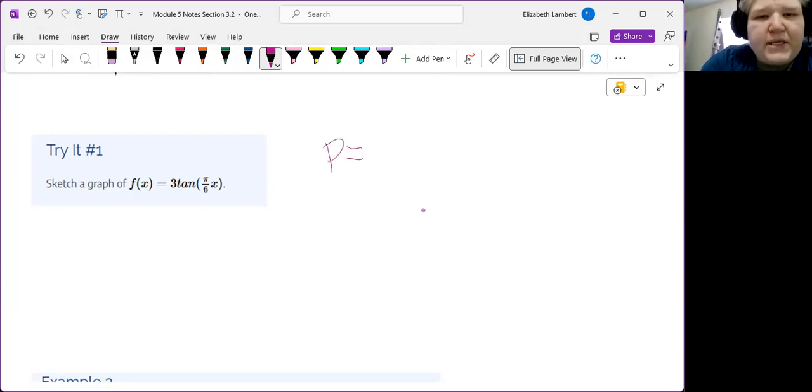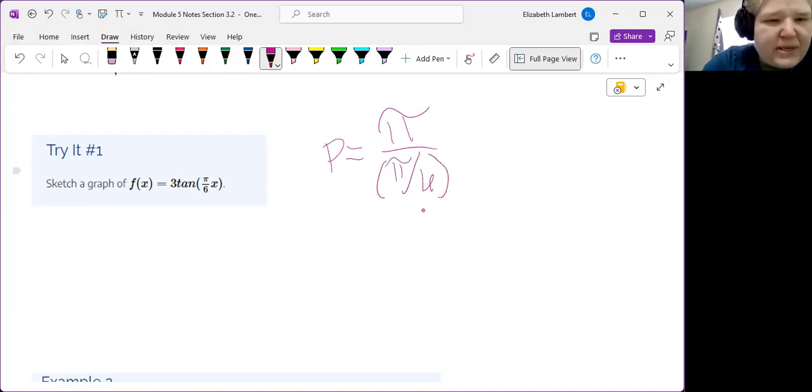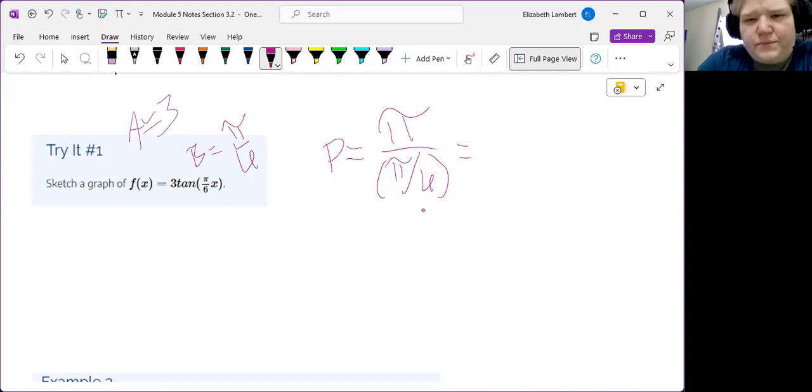So period is pi divided by pi over 6, because that's our b. And then our a is 3. So this is going to be pi times 6 over pi. So our period is 6.